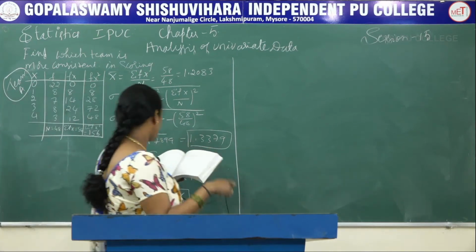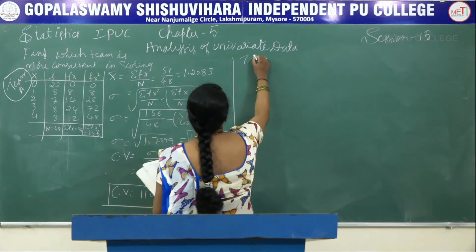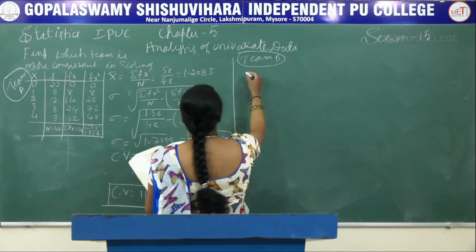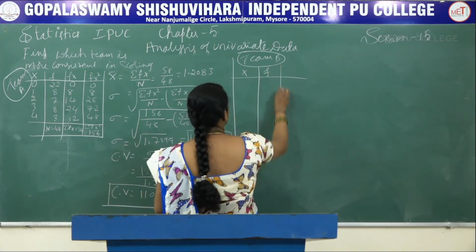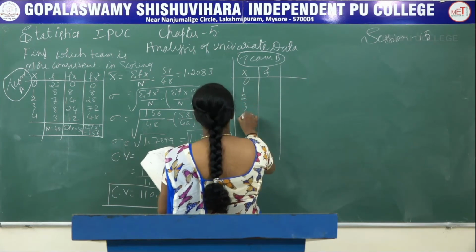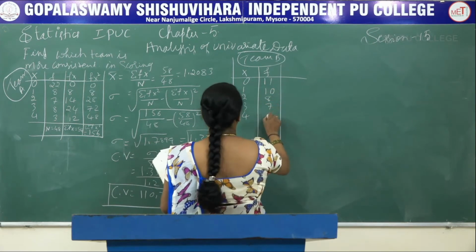Next similarly we have to calculate CV for team B. We are doing for team B here: 0, 1, 2, 3, 4, with frequencies 11, 10, 8, 7, 4.